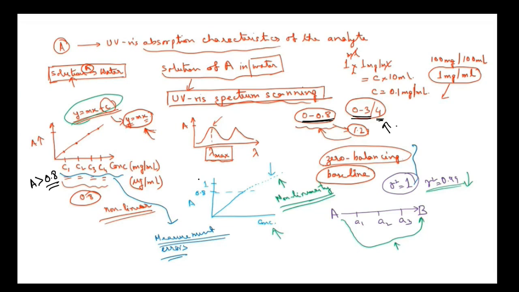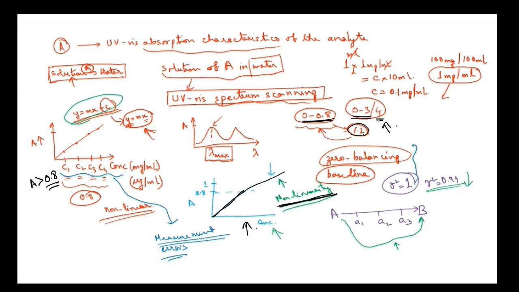This is because detectors are not ideal detectors. Any detector has some non-linearity, and it has been found that the non-linearity increases above 0.8. If you see here, I have drawn a concentration versus absorption characteristic. Up to 0.8, there is a linear relationship, and after that this linear relationship is lost.